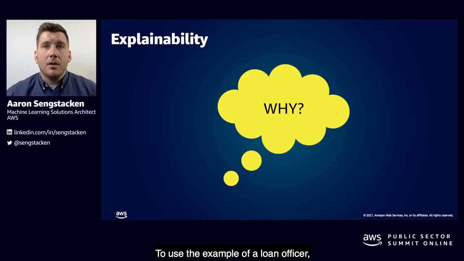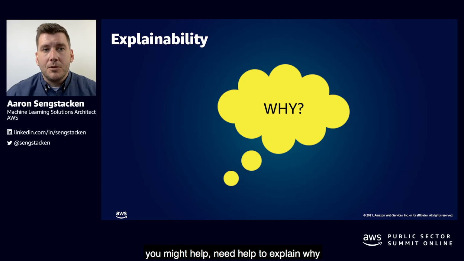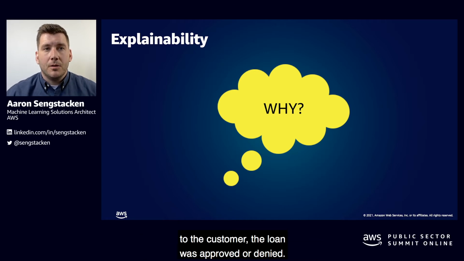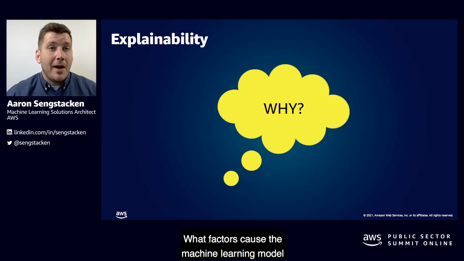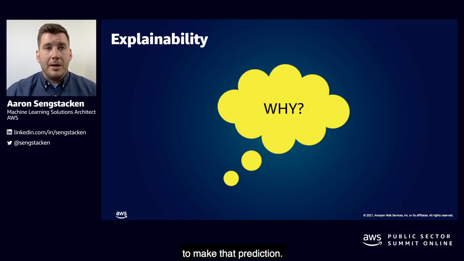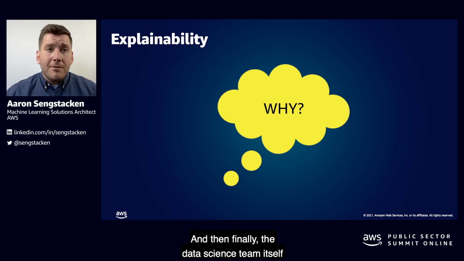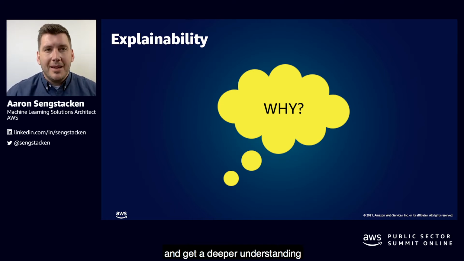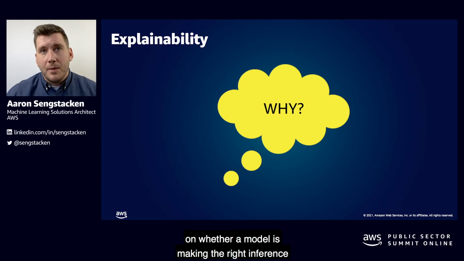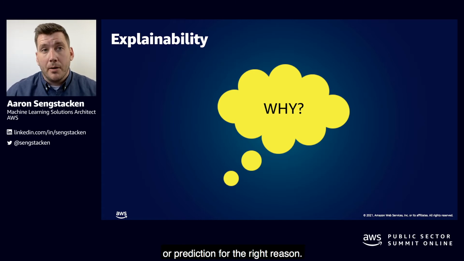To use the example of a loan officer, you might need help to explain to the customer why the loan was approved or denied. What factors caused the machine learning model to make that prediction? And then finally, the data science team itself can improve models and get a deeper understanding on whether a model is making the right inference or prediction for the right reason.